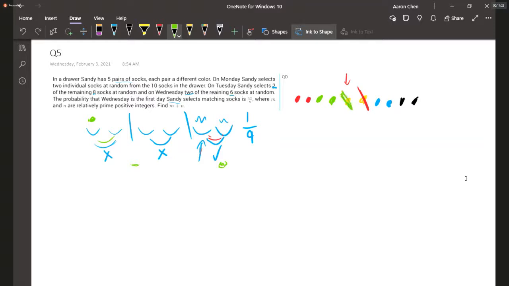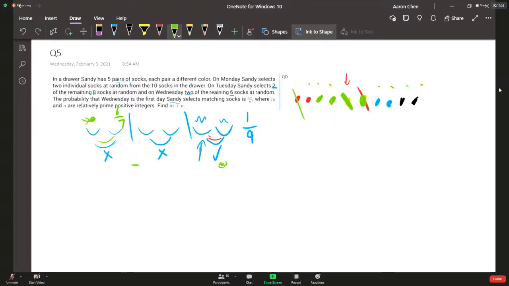Since you already took out 2 of a color, now you have to take out another color because of this 1st sock. And now that leaves a total of 7 left over, and 6 of them are not the same. And so the probability of the 2nd sock not matching is 6/7.